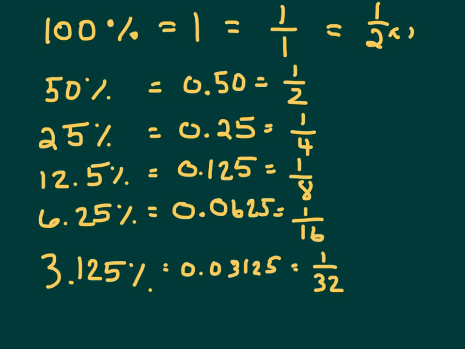So if this is 1/2 to the x, what is the x here to get 1/1? 2 to the x equals 1. What is x? 0. To get 2, what is x? 1. To get 4, what is x? 2.